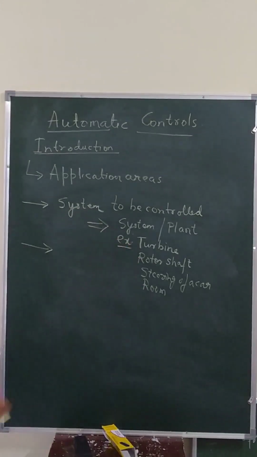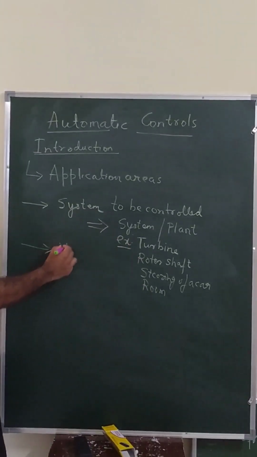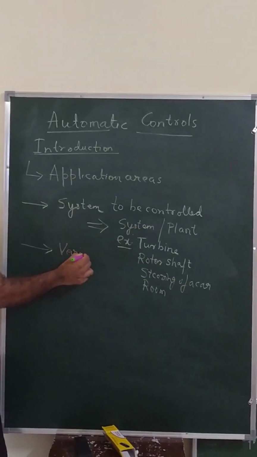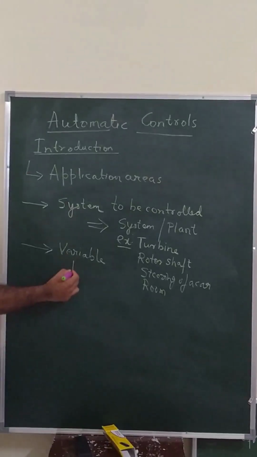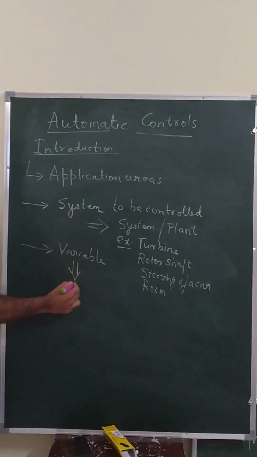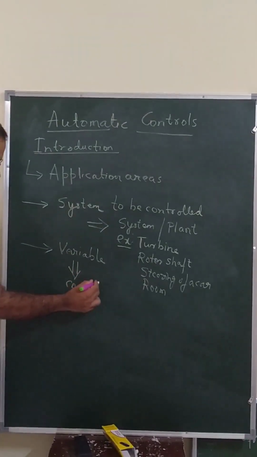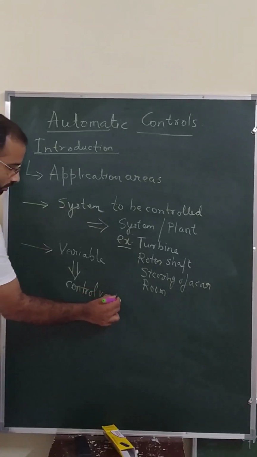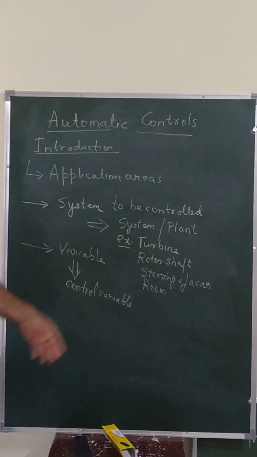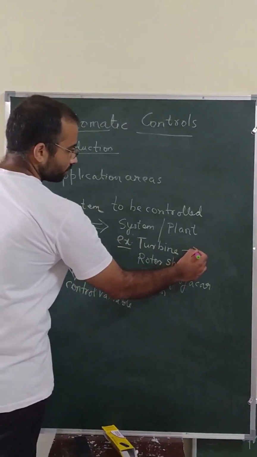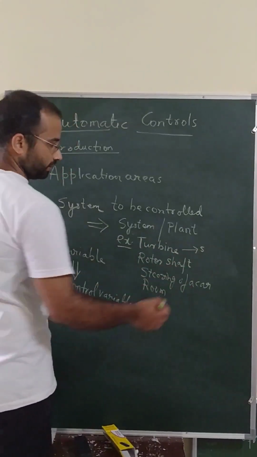Now, in that system, there must be some variable that you wish to control. The variable that you wish to control is called the control variable. So, the control variable in a turbine system could be the steam pressure or its speed.